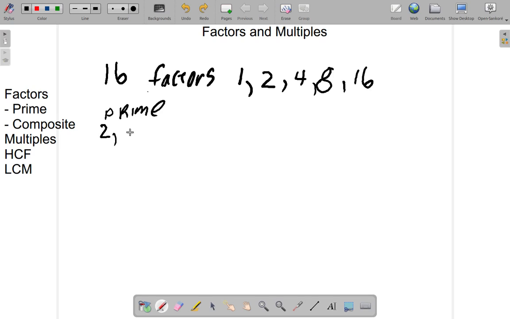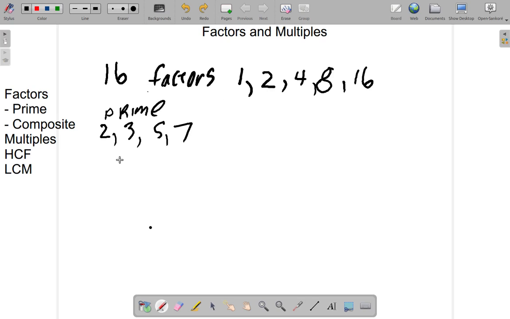There is 3. 4 is not a prime number because it has factors other than 1 and itself. 1 can divide into 4 directly. 4 can divide into 4 directly. Good. But 2 can also divide into 4 directly. So it's not a prime number. 5 is a prime number. 7 is a prime number. And so on. These are prime numbers.